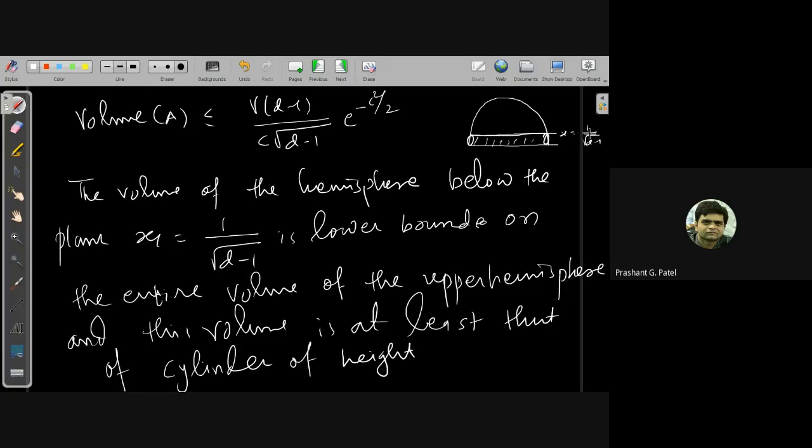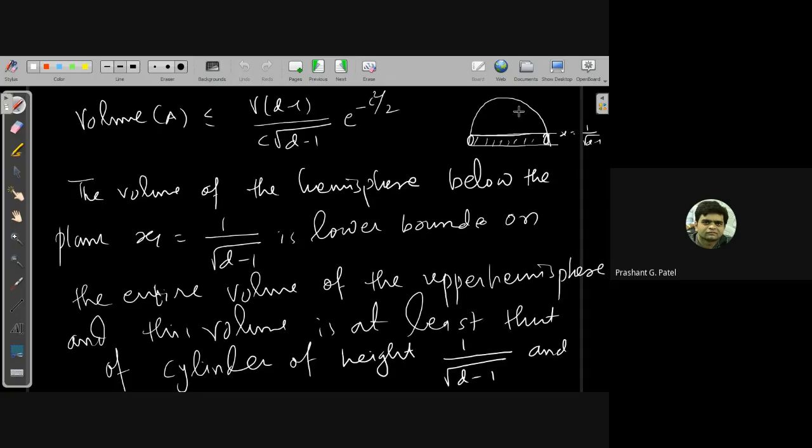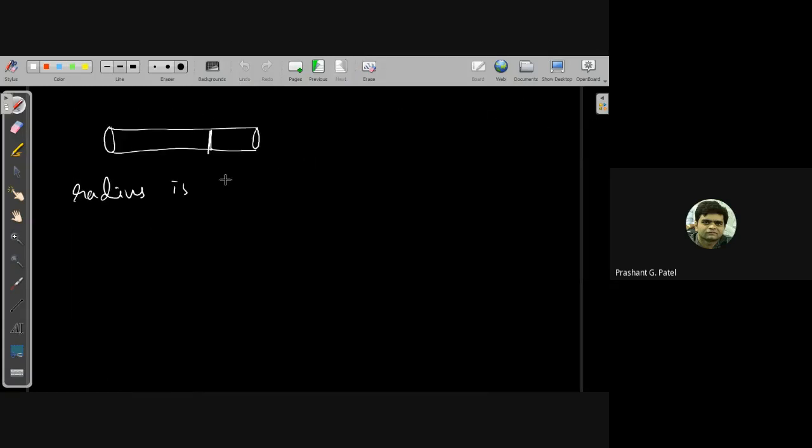The height will be this much, 1 upon square root of d minus 1, because this distance is 1 upon square root of d minus 1. And the radius is this much: the total radius is 1, and if you subtract this much from that, it is 1 minus, square root of that. So it is square root of 1 minus 1 upon d minus 1. This will be the radius.